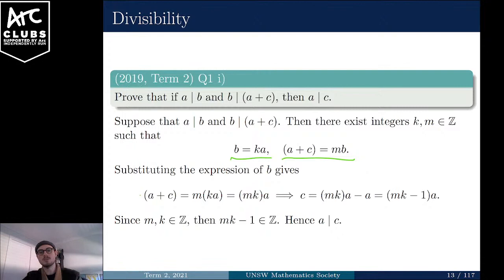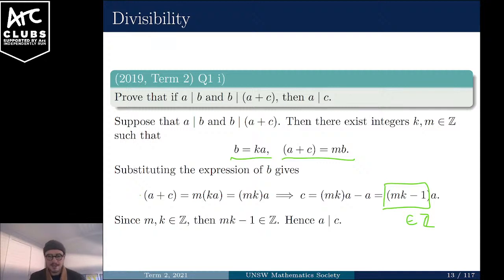Great. And then we find an expression between C and A. So again, we're talking about integers here. M and K are integers. So if we get an integer times an integer, subtract an integer, we get an integer result. Right, so this expression here is still an integer.